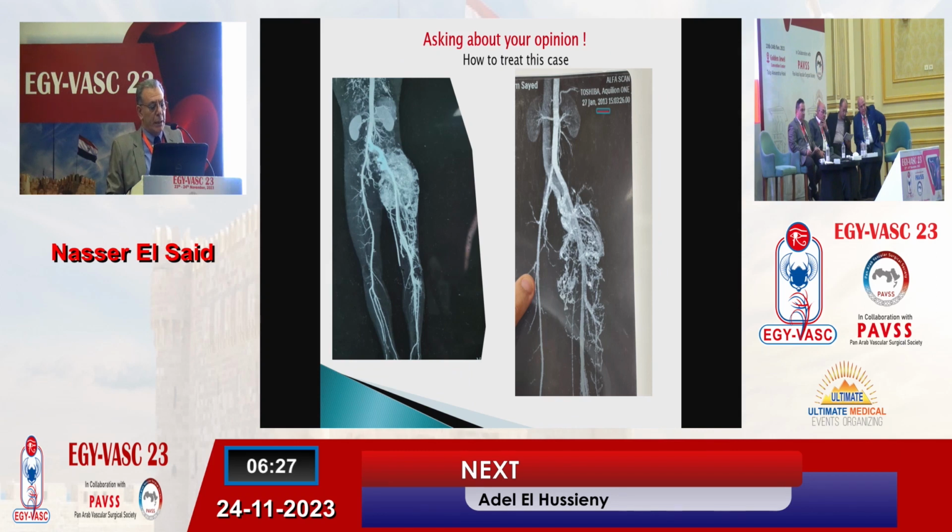So the decision was quite difficult. It was hard to complete the ethanol injection and the foam sclerotherapy in spite of his bleeder still bleeding.